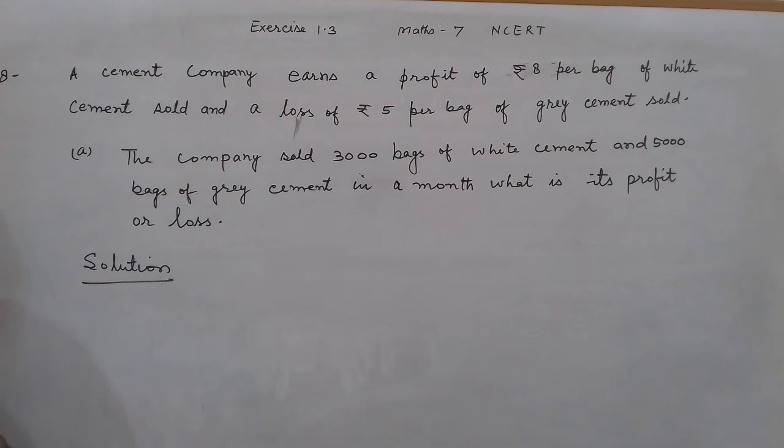The company sold 3,000 bags of white cement and 5,000 bags of grey cement in a month. What is its profit or loss?